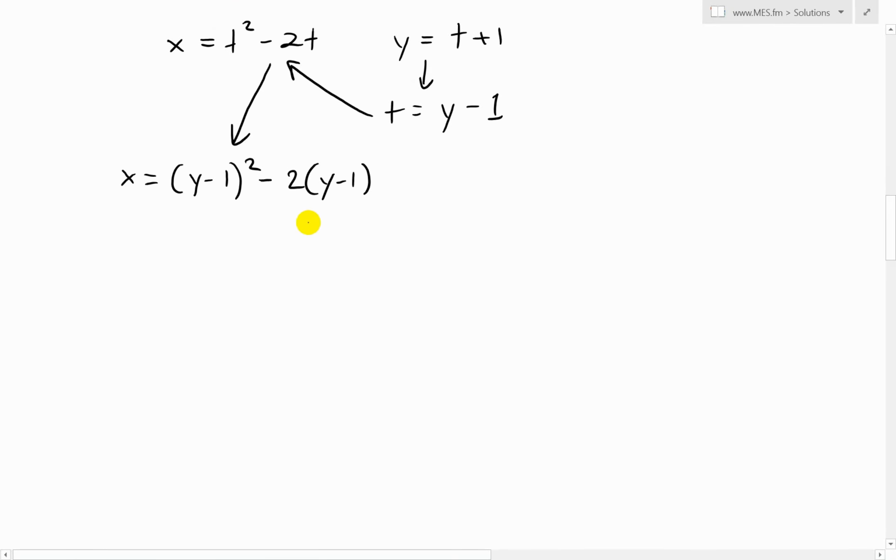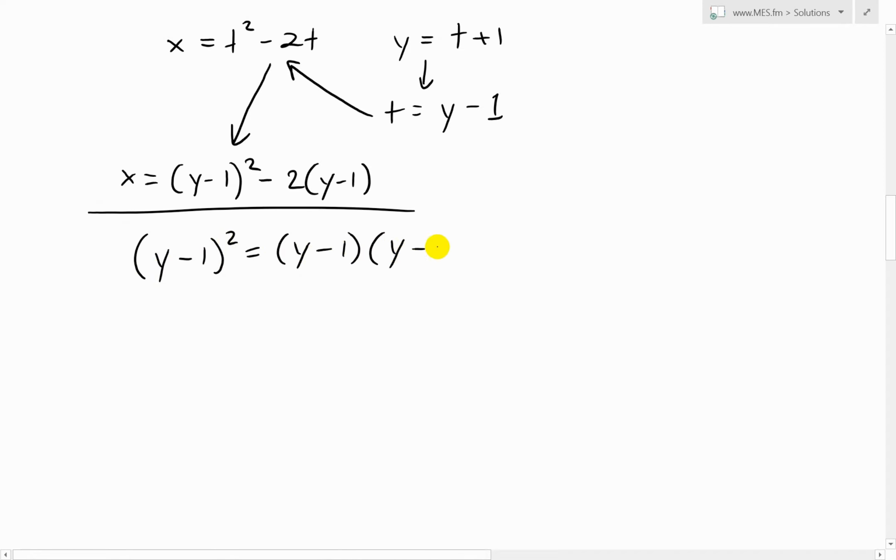Now we have the square, y minus 1 squared, and we can expand that out. I'll do that separately here. Using the FOIL method, it's the same thing as writing y minus 1 times y minus 1. So we get y times y, which is y squared, and then y times negative 1, which is negative y.